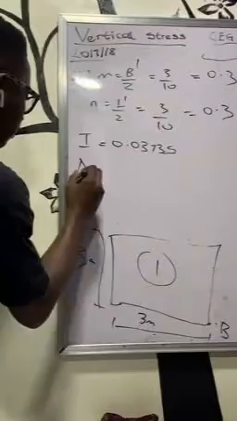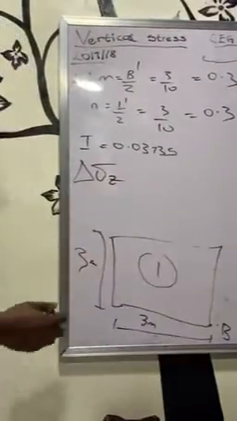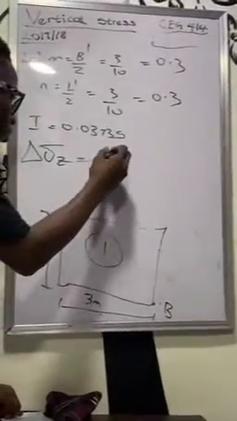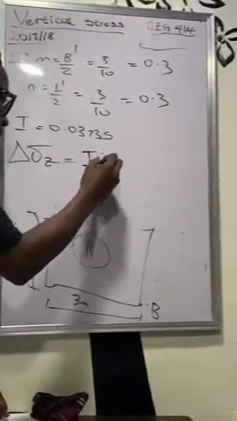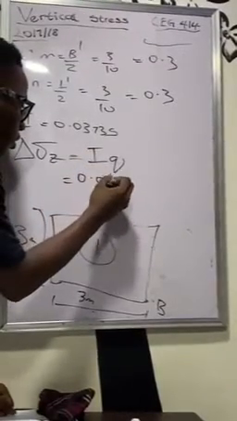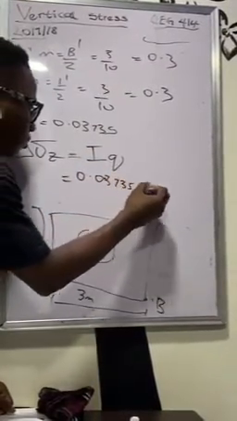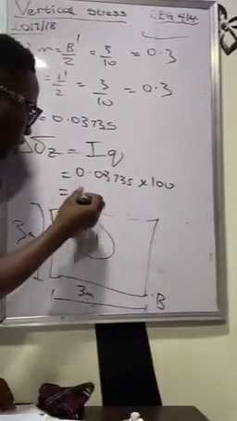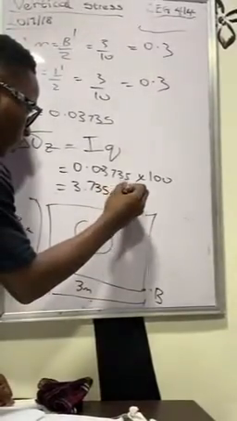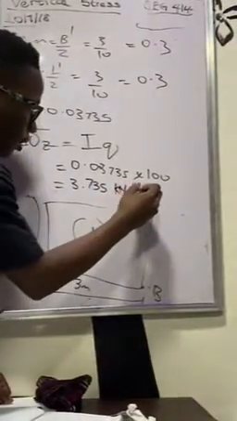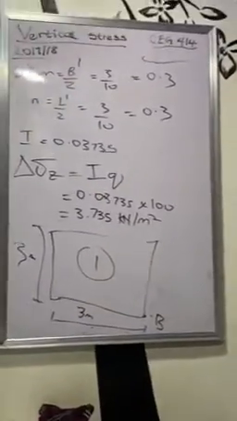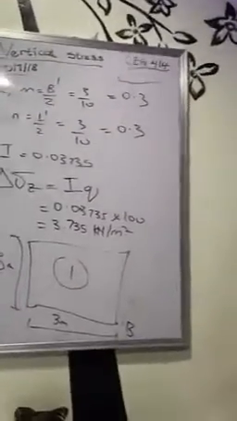And my change in vertical stress, when you apply 100 kilonewton per meter square on it, will be equal to IQ times 100, 0.03735 times 100, which is 3.735 kilonewton per meter square. Yes. So that's the end of question 2C.